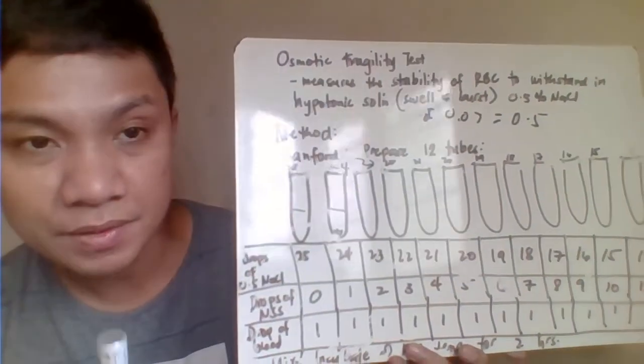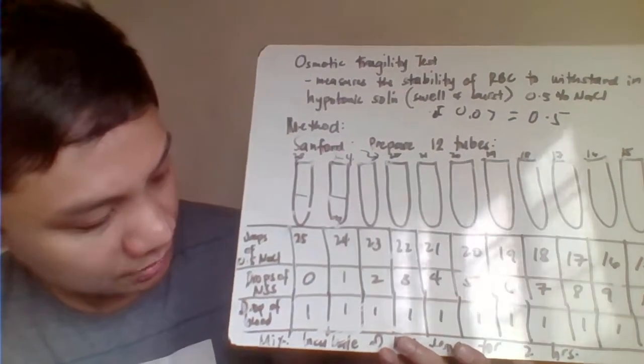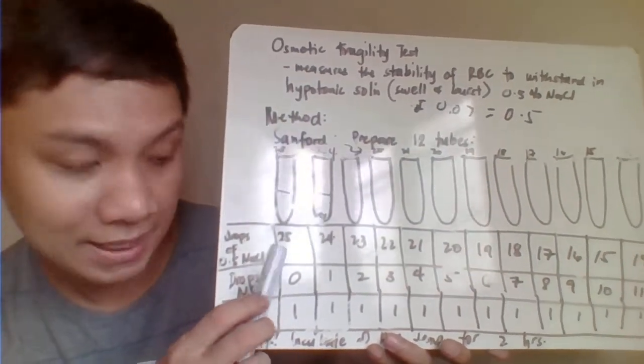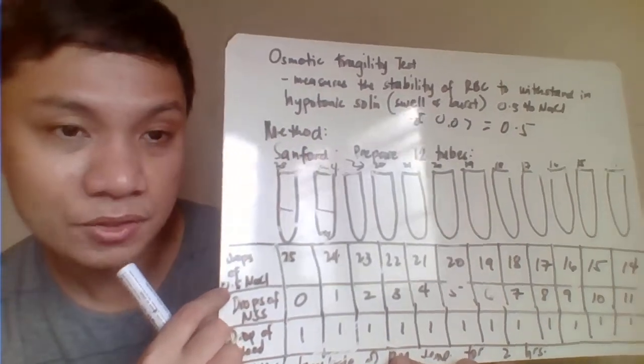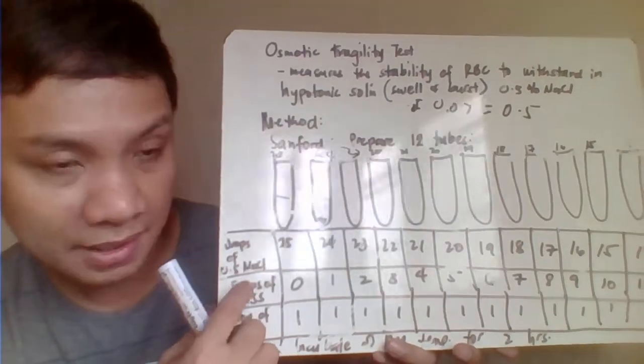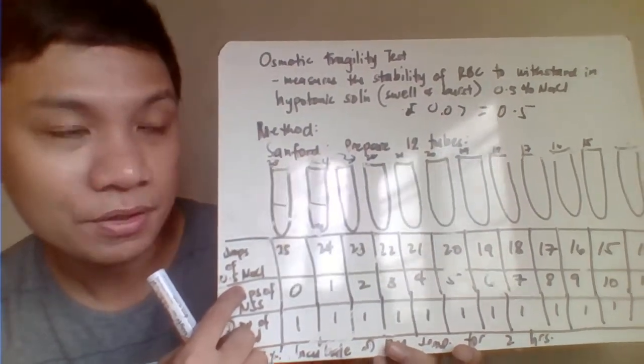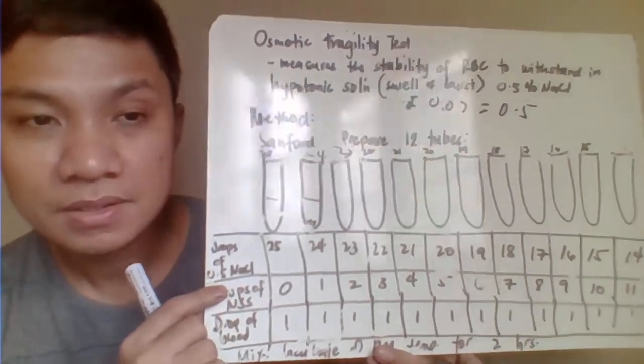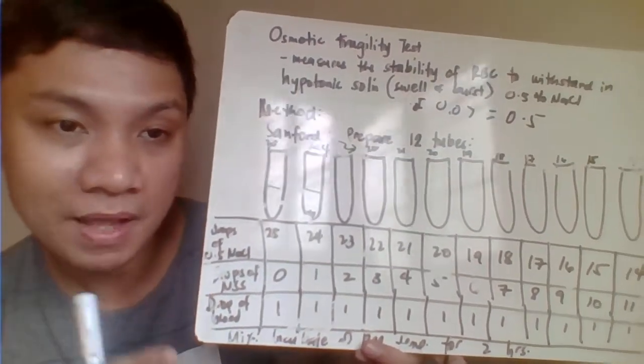Right? 0.5%. Why 0.5%? Notice that our tube number 25 contains all 0.5% sodium chloride. You didn't put any NSS. So to get the concentration of sodium chloride, just multiply the tube number by 0.02.